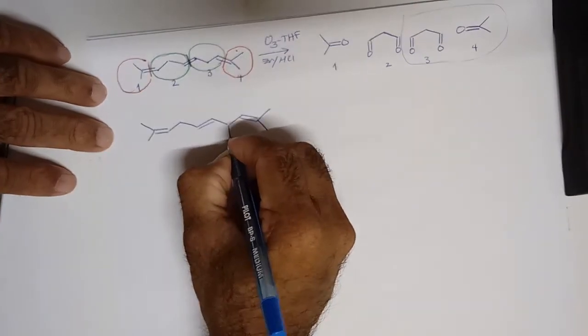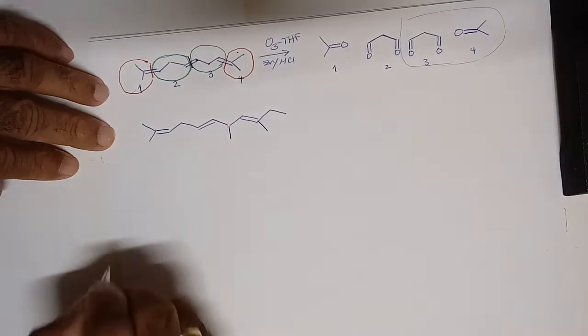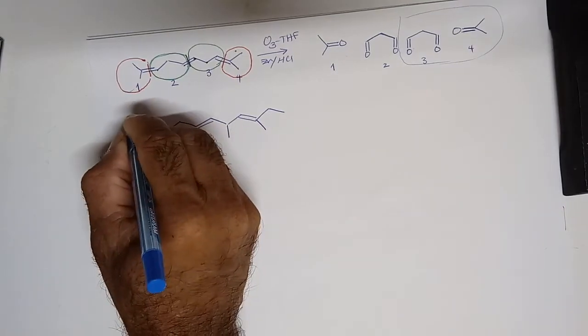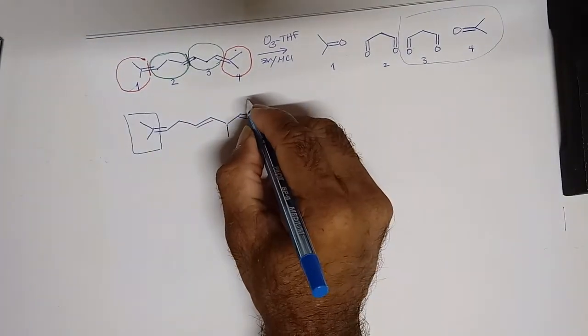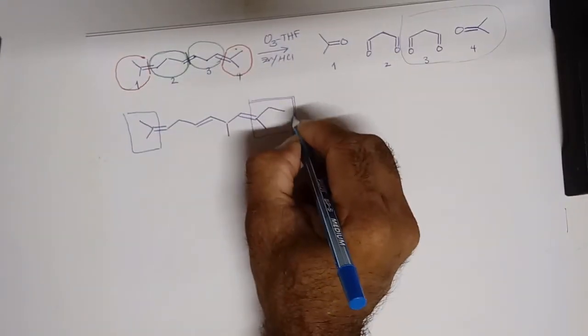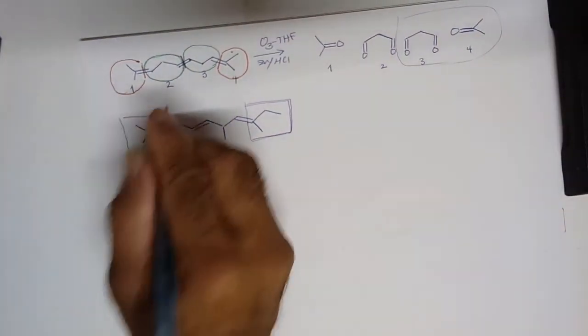All I can do is stick one methyl group there and one methyl group there, right? If I did that, now you can see this piece is going to be different than this piece. Correct? This is a different piece, this is a different piece.